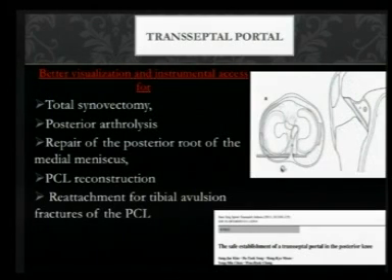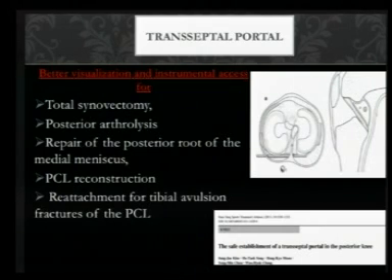What about the transseptal portal? This is a portal whereby you make a division of the septum which divides the posteromedial from the posterolateral compartment and go right through. You always go from the posterolateral compartment to the posteromedial because the posterolateral compartment is much smaller.